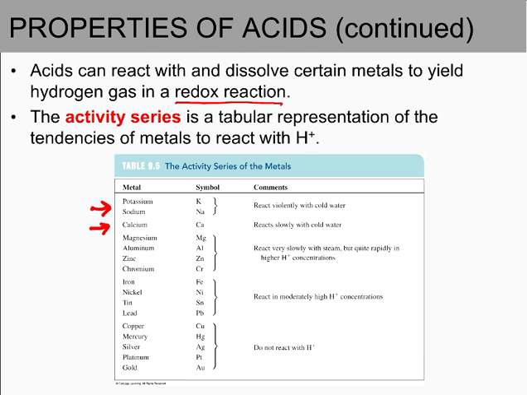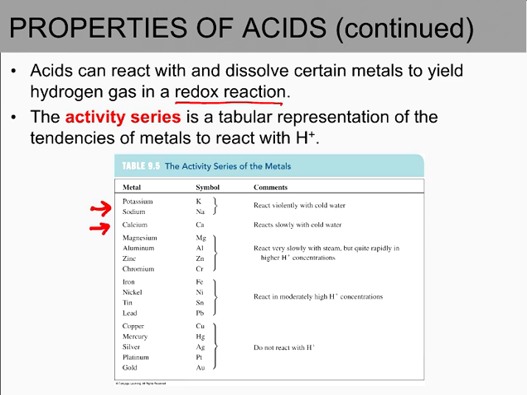Let's see, and then below that are magnesium, aluminum, zinc, and chromium. Those metals will react slowly with hot water, but they'll react quite rapidly in acidic solutions, like hydrochloric acid. And then iron, nickel, tin, and lead, they react with strong acids, but not really with water acting as an acid.